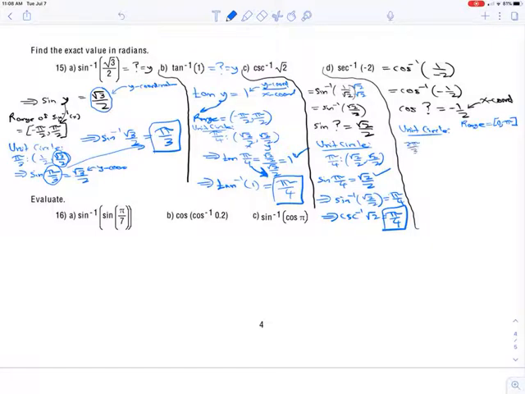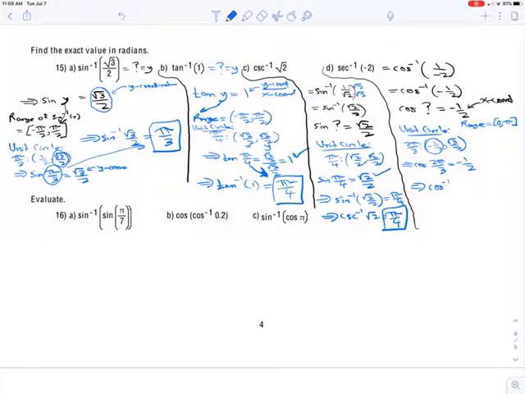At 2 pi over 3, you have an ordered pair that reads negative 1/2, square root of 3 over 2. It's a reflection of pi over 3 across the y-axis. Same coordinates, except now the x-coordinate is negative in quad 2. But that's the 60-degree mark, or pi over 3 mark, in quad 2. And there it is. There's that x-coordinate we're looking for. So that implies the cosine of 2 pi over 3 equals negative 1/2. Well, there's our cosine inverse.